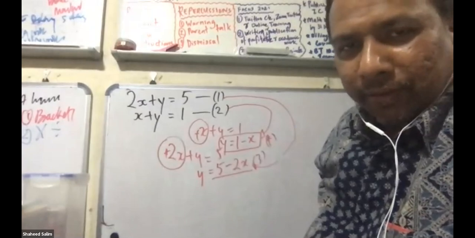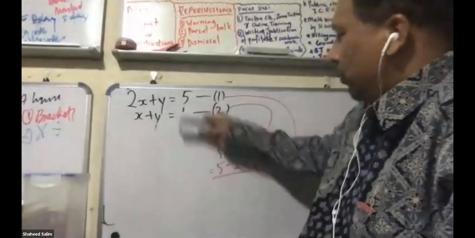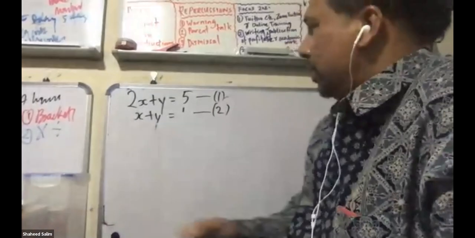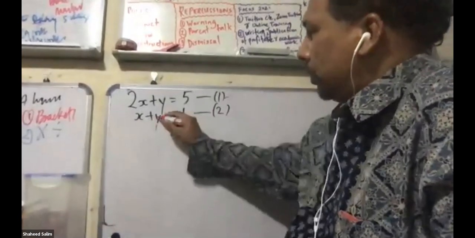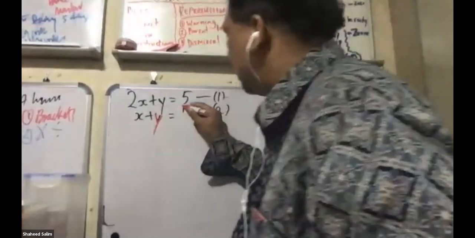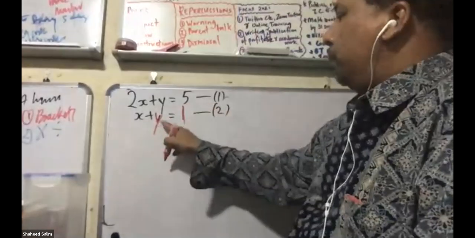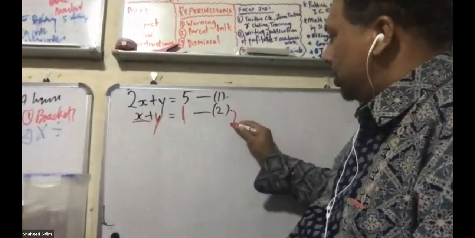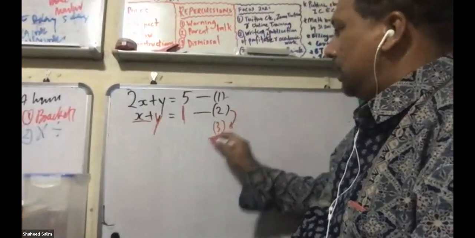Okay, we try it. I can't hear your audio. Okay, never mind. We will go through step by step. So now down here, I want to make sure that this one is 1, right? I want to make sure I push this x on this side. So this equation, I'm going to change to equation 3, let's say.